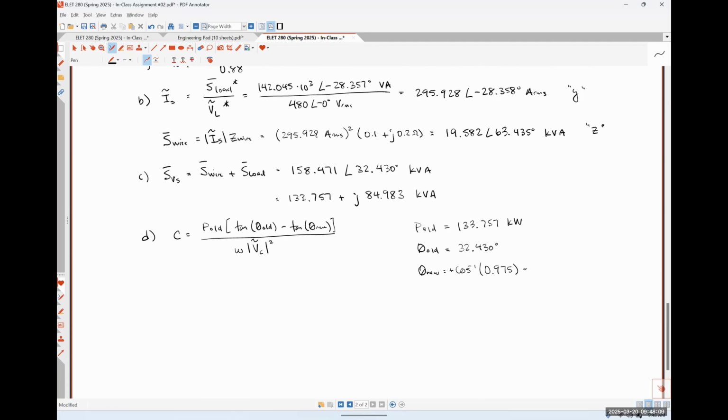So the arc cosine of 0.975 is 12.838 degrees. And I'm storing that in my calculator as A. And for what it's worth, I stored this in my calculator as T.